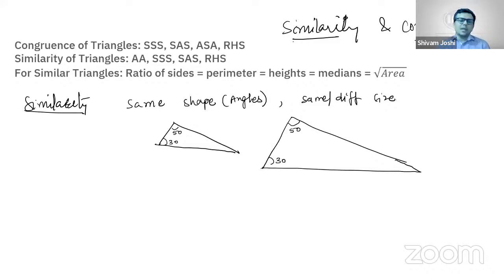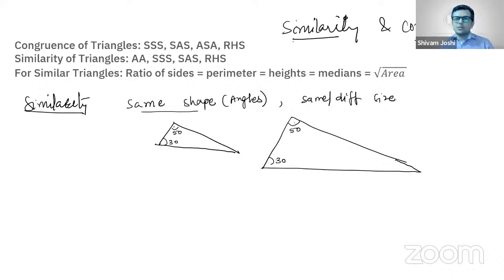Can we say that the triangles are similar? Yes, because they will have same shape, in bracket, same angles. You can see that 50 and 50 are equal. They are called respective angles, right? So respective angles are equal, 50, 50. The other pair of respective angles, 30, 30, that is also same.